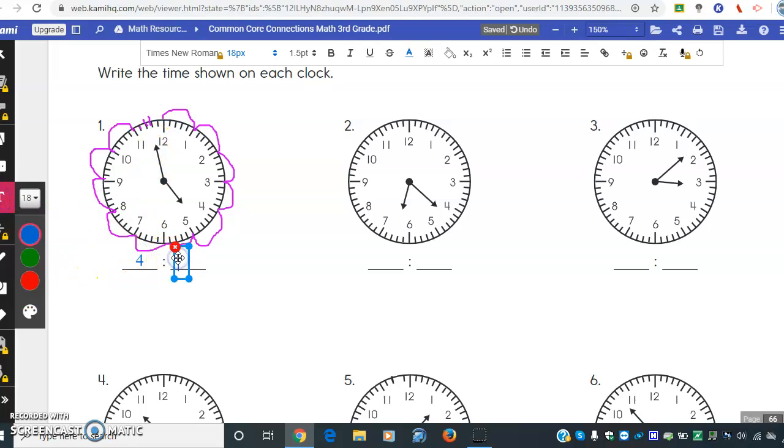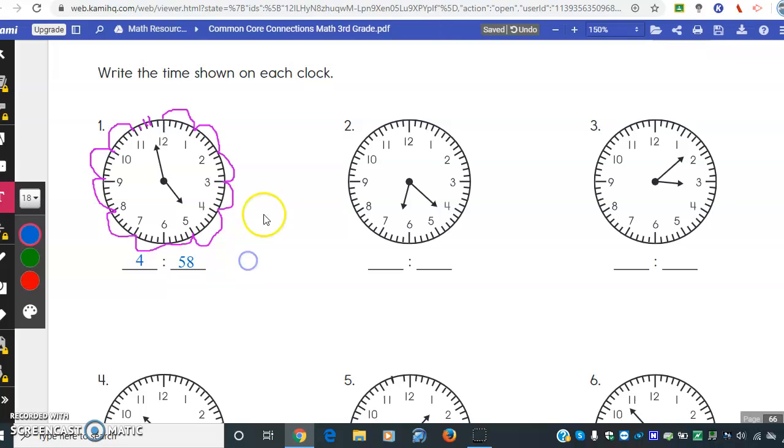Now, one of the problems that I noticed most often in class was that when people were counting, they started counting here and they said this was 5, this was 10, this was 15. No, remember, this first is our 0. We start at 12 o'clock, 12:00. So don't count right here as a 5.